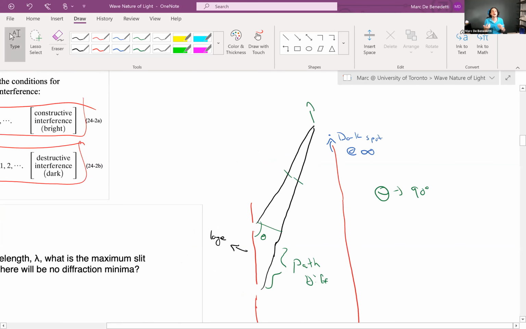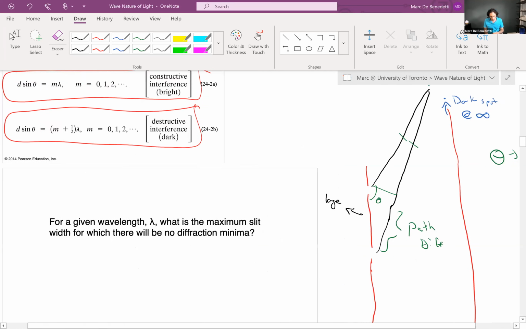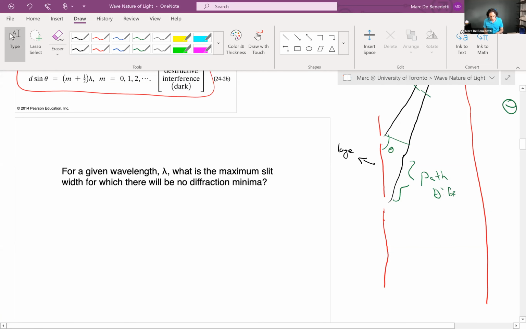So we can use that fact to reverse engineer what the slit width would have to be. So for a given wavelength lambda, what would there have to be for no diffraction minimum? So we would look for a minimum value. So d sine theta equals 1/2 lambda.